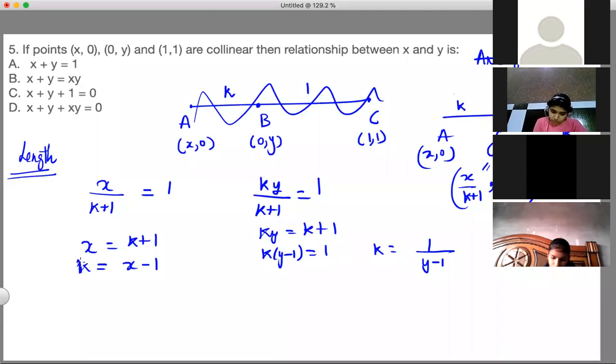Both values of k that we found must be the same. So we will equate x minus 1 equal to 1 upon y minus 1.